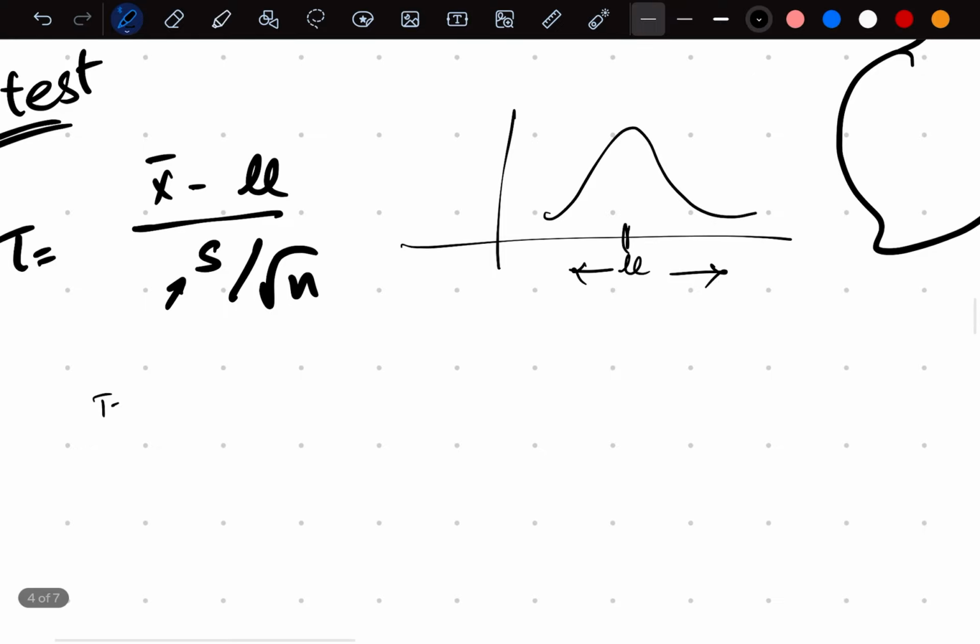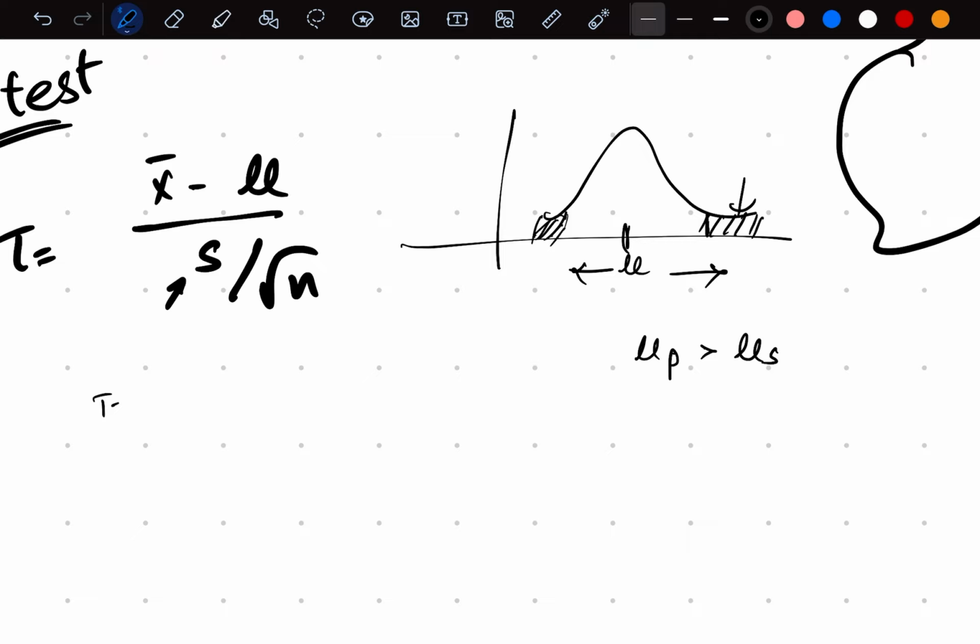So if the problem statement says it is greater than the population mean, then you consider a one tail test. Means only this one comes into the picture, right? So you won't be considering this part. And vice versa, if it is less than the population mean, then we'll be considering this.